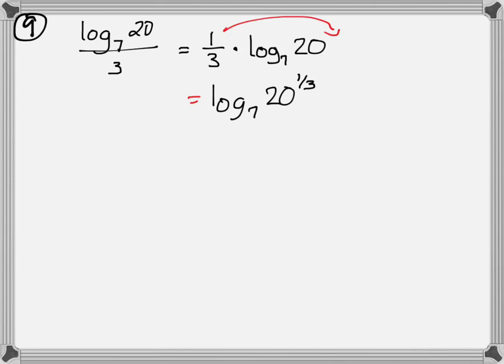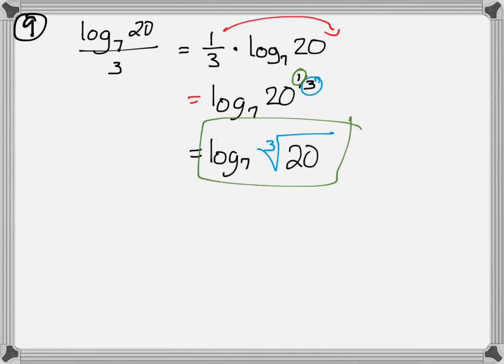Well, we don't leave it with a fractional exponent there. So we need to convert this into the power over root. And so we have that 3 is our root, so the cubed root of 20 raised to the first power, which we don't have to write. So that's the final answer.